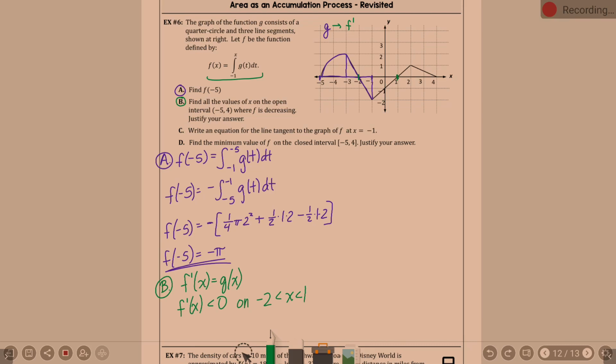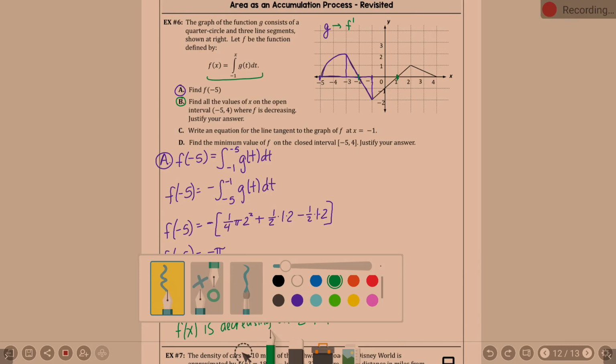So since it's negative on that interval, it's decreasing on the interval. So I'm going to say f is decreasing on -2 less than x less than 1.